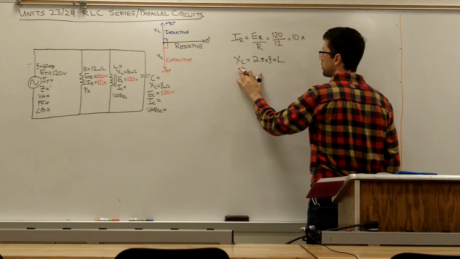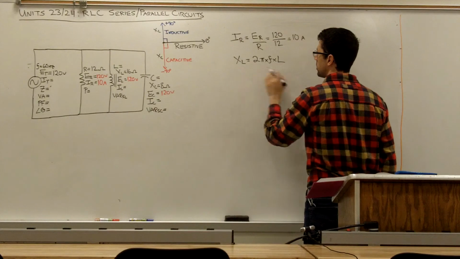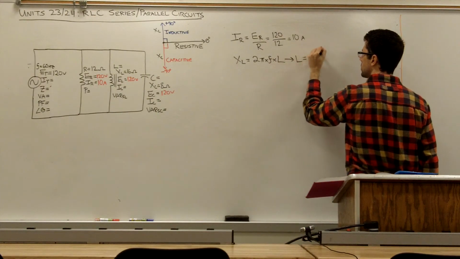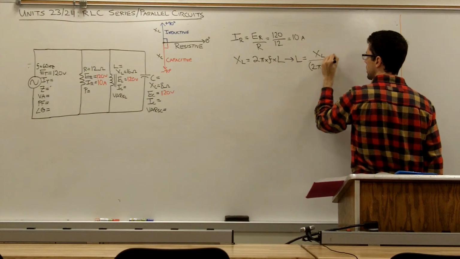So X sub L, the inductive reactance, is equal to 2 pi times your frequency times your inductance L. I algebraically solve this equation for L, and I get that L is equal to the inductive reactance divided by 2 pi times your frequency.